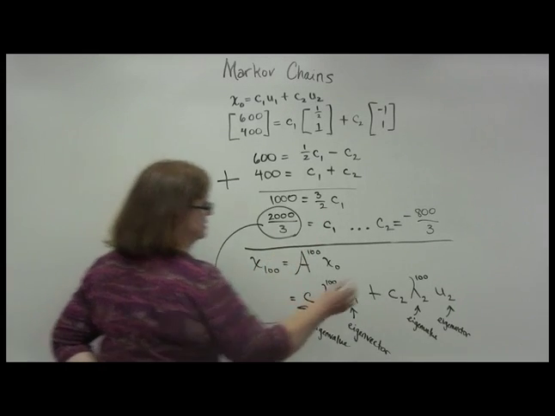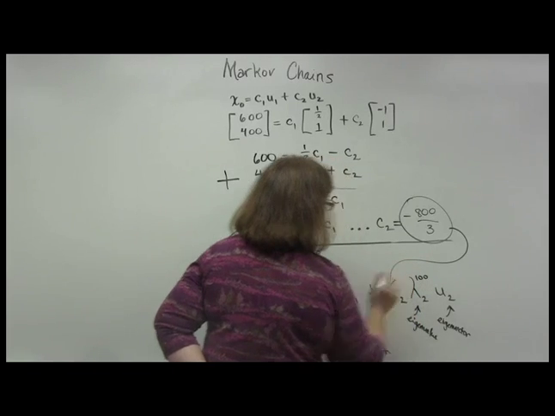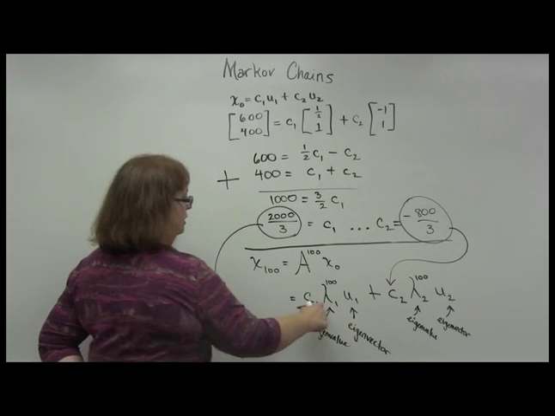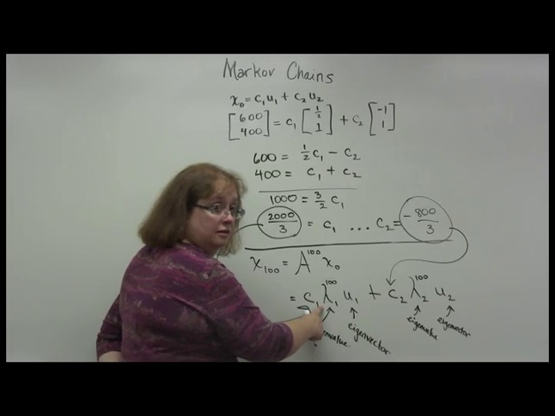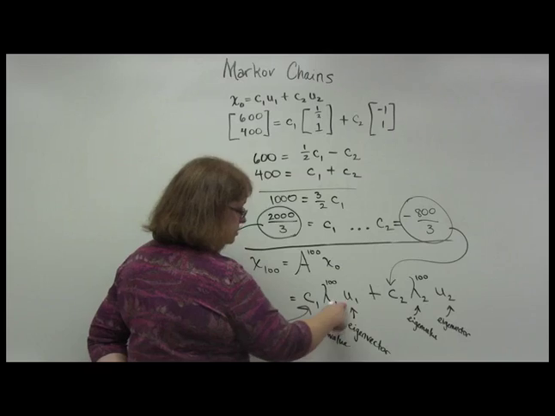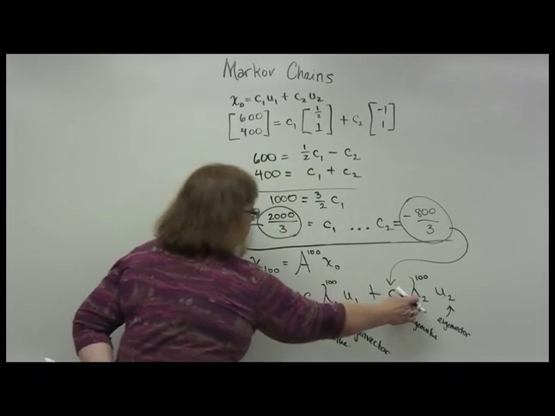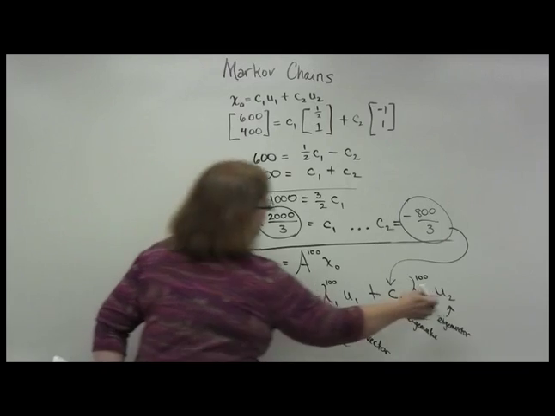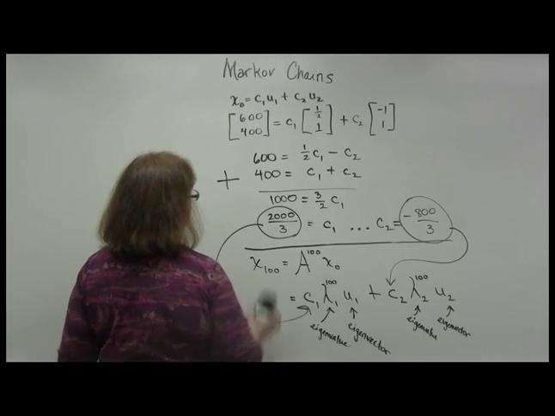Our C sub 2 was negative 800 over 3, and that's going to go in there. Our lambda sub 1 was 1, as our eigenvalue. We figured out the eigenvector. We got the C sub 2. We figured out that our eigenvalue here was negative 0.2, and the u2 was negative 1, 1. All right, let's fill it all in, finally.